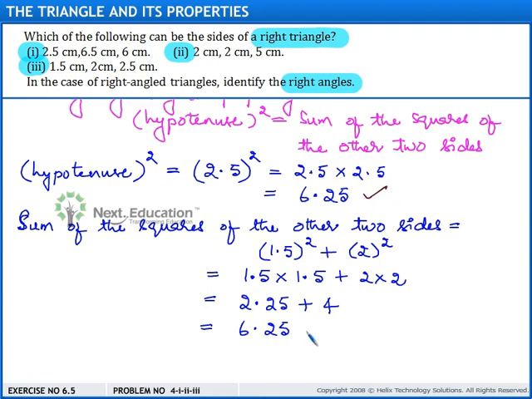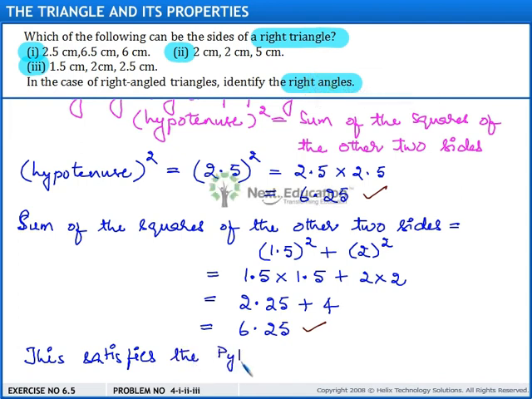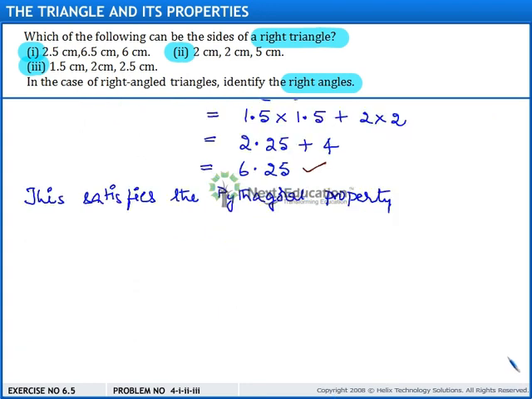As these two are equal, we can say that this satisfies the Pythagoras property. Now, we need to find out where the right angle is located.